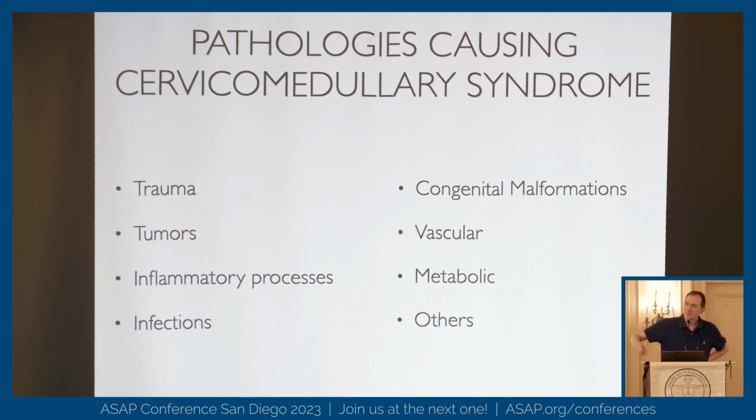It's called craniocervical, what's the name? Now I'm going to forget. But anyway, you can have internal decapitation, which means your head flops around, there is no bone, no ligament keeping it, and only the skin keeps it together. So traumas, tumors, a big infection, inflammation, congenital malformations, like a complex Chiari 1 malformation, vascular events, blah, blah, blah.